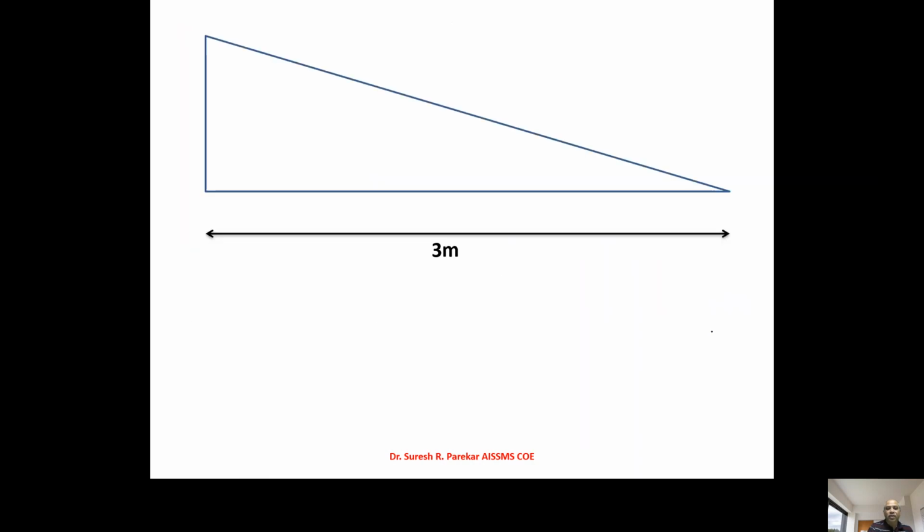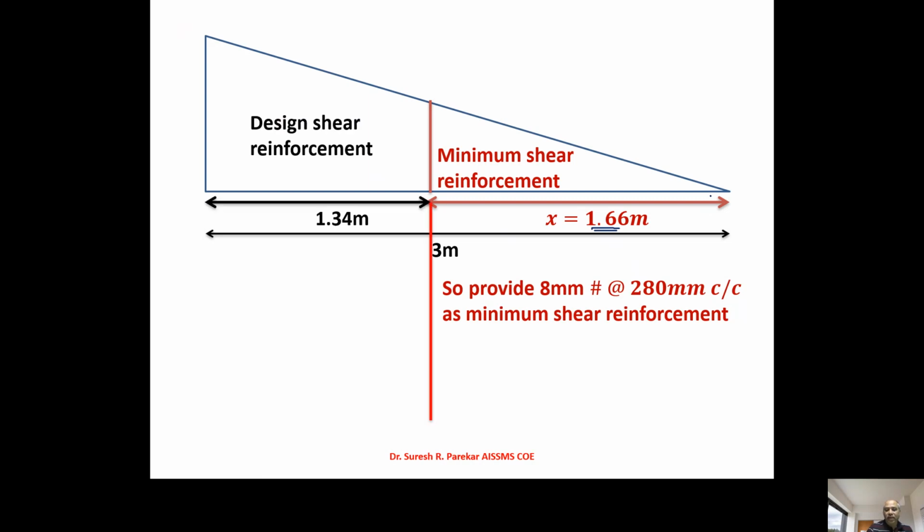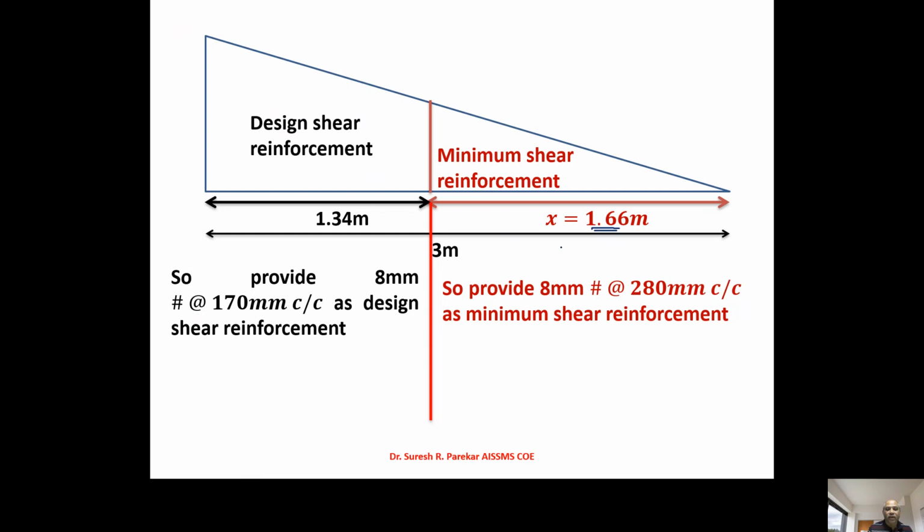So now we can show this design shear reinforcement. We have to provide 8 mm Tor at 280 mm center to center in a region of 1.66 meter from the center of the support. Then we provide design shear reinforcement in this 1.34 meter, at 170 mm center to center.